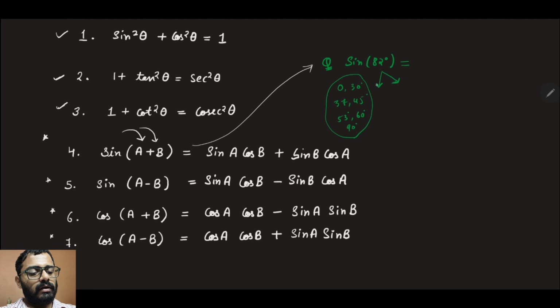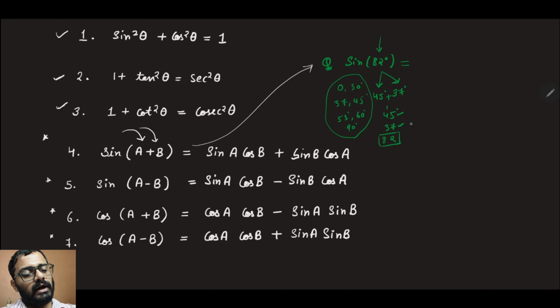Consider the 45 degree angle, we know its value, and 37 degree we know its value also. If you add these two angles, 45 and 37, this will give you 82 degrees. And values of 45 degree and 37 degree we have.